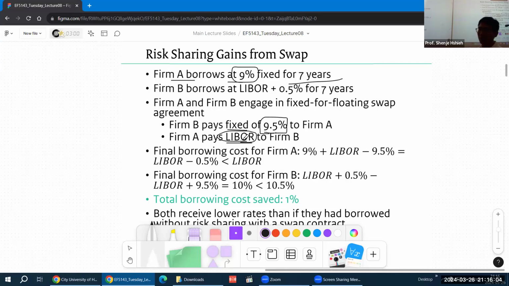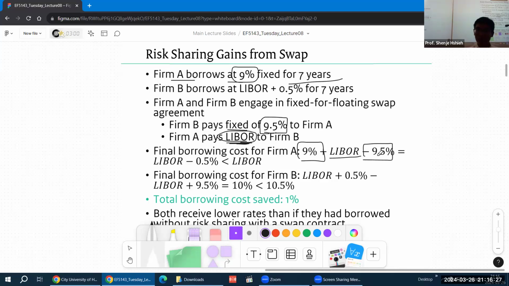So the final borrowing cost for firm A is 9%, right, which is the original rate they borrowed from the banks, plus the variable rate, because it promises to pay B, minus 9.5%, which is what firm B pays firm A as a fixed rate.